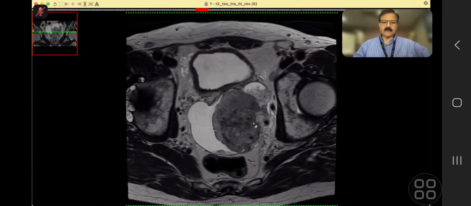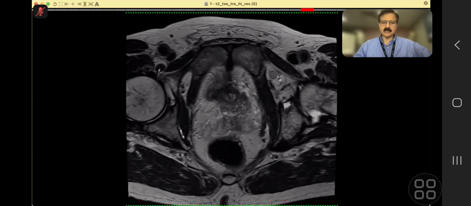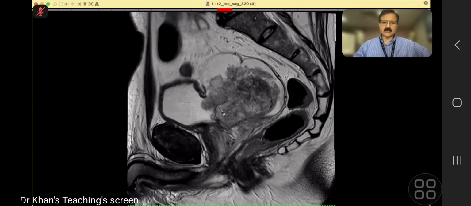So if we go to, there is a fancy looking lymph node here, sitting here. And if you go to the sagittal, just one second, where is the sagittal? This is the sagittal. You can see that defect.